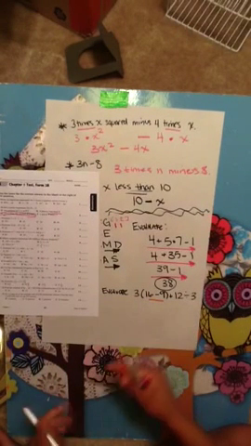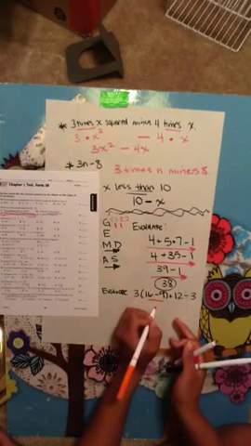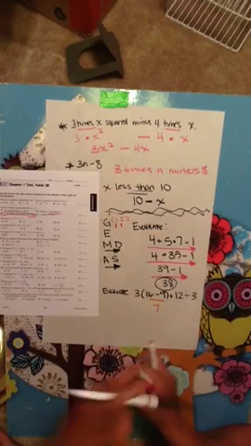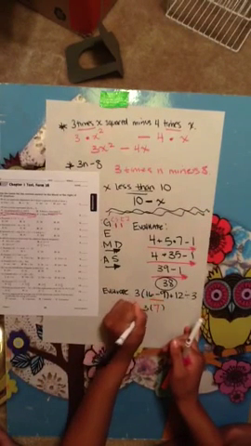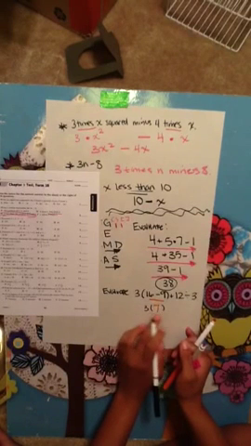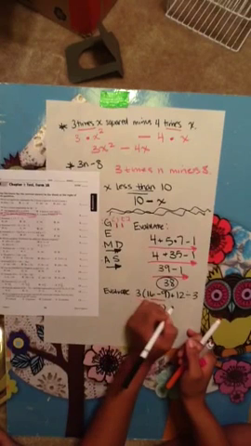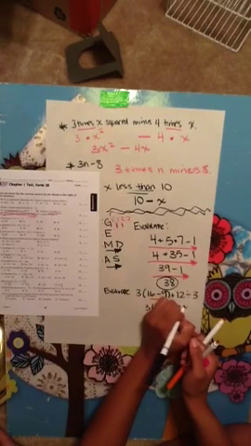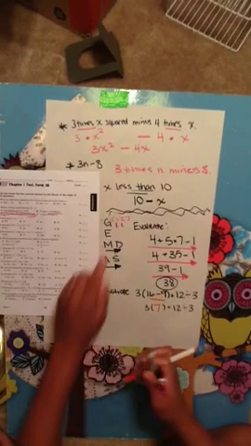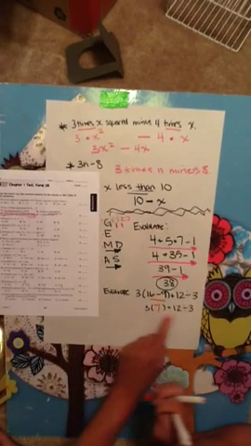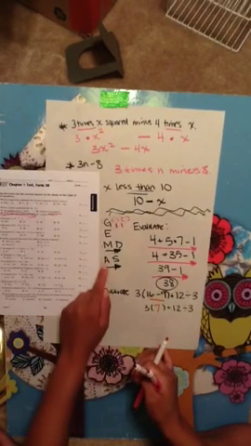Right now, it's 16 minus 9. 16 minus 9 is 7. I'm going to rewrite everything I haven't used. Parentheses are important. This just illustrates that this is multiplying, which I get 3 times 7, plus 12 divided by 3. Next operation would be exponents. We don't have any exponents, so we're good to go.